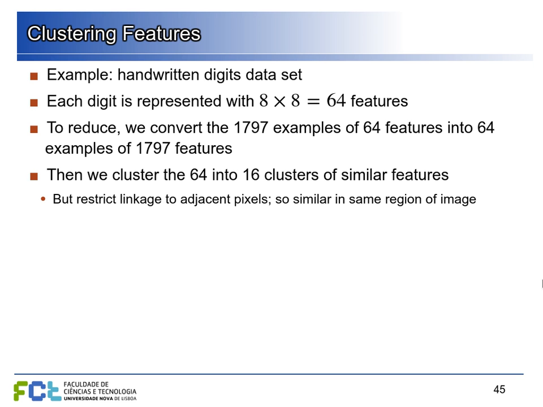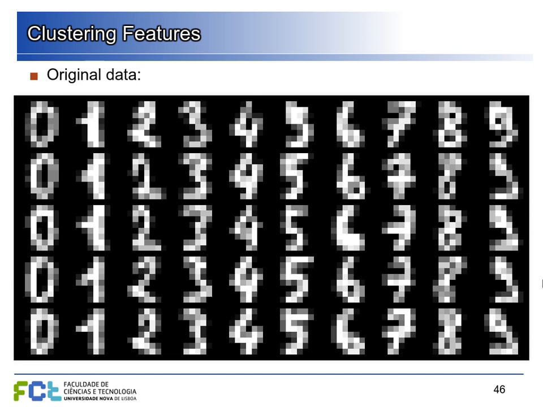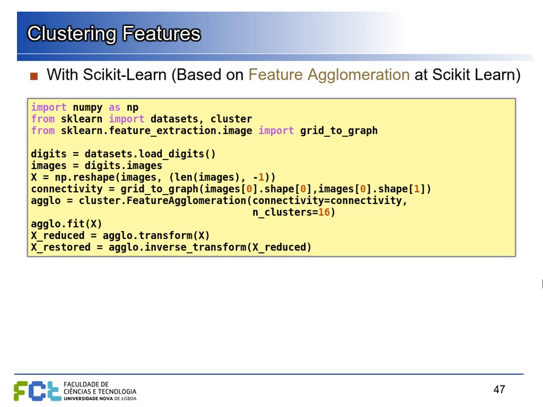So we're going to include this connectivity constraint, by forcing the agglomerative clustering algorithm to go only along pixels that are adjacent in the image. So this is our original data.